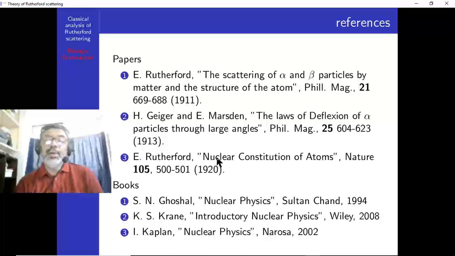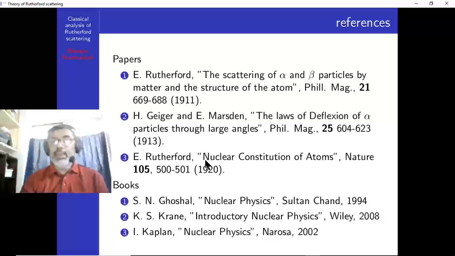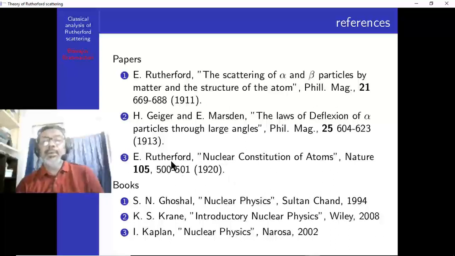And this is Rutherford, Nuclear Constitution of Atoms, published in Nature, a talk given in the Royal Society, volume 105, page 500 to 501, 1920. Here Rutherford mentioned the discovery by Chadwick that the Z square dependence was announced in this talk in 1920.